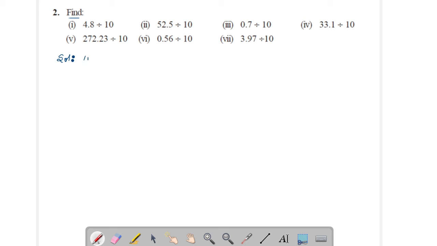First part. It is 4.8 divided by 10. Here in 10 there is 1 zero. Therefore, the decimal will shift towards left hand side one digit. This can be written as 0.48.